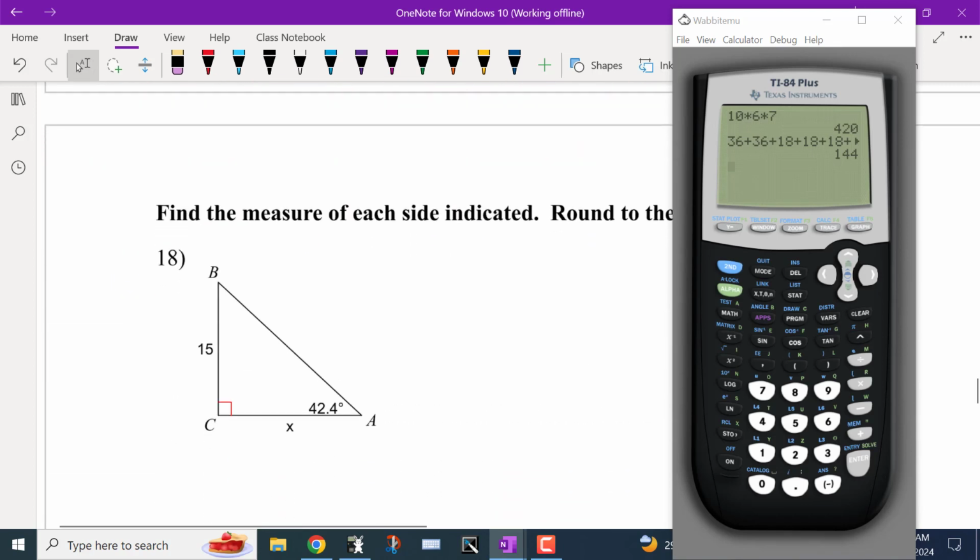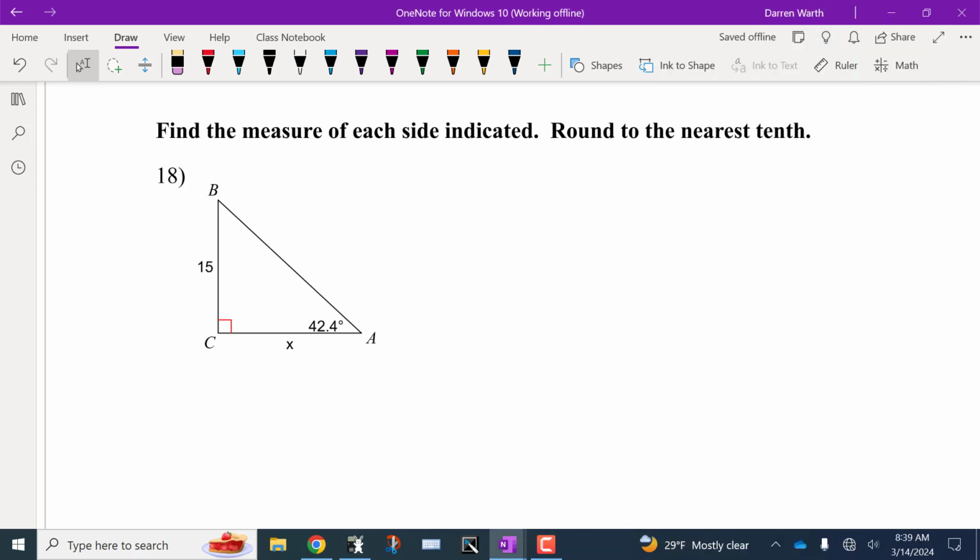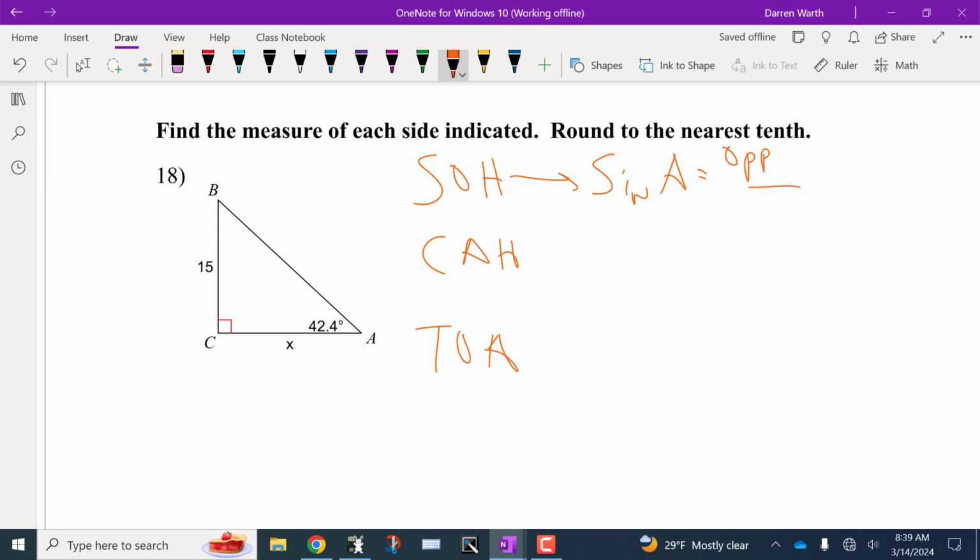Okay, on this next problem right here, it says find the measure of each side indicated. It says round to the nearest tenth. So on number 18, it wants to test your knowledge of SOHCAHTOA. So remember, here's our acronym, SOHCAHTOA. And SO stands for the sine of your angle is equal to the opposite side all over the hypotenuse.